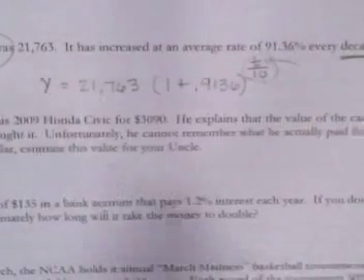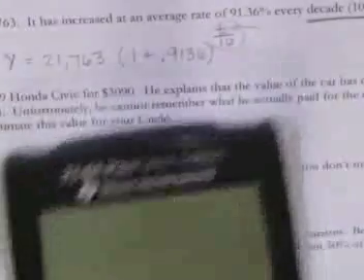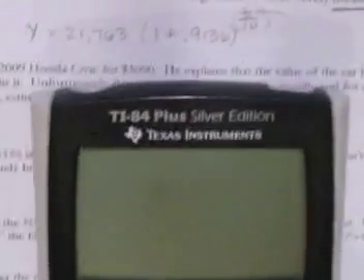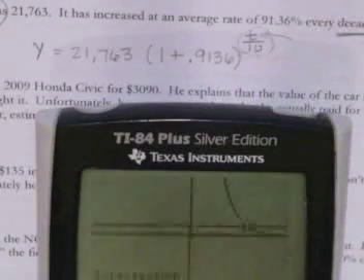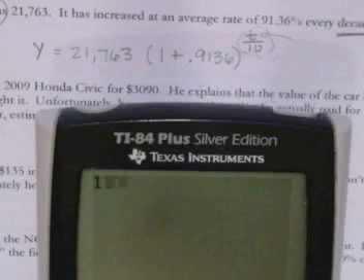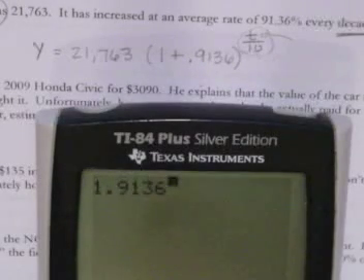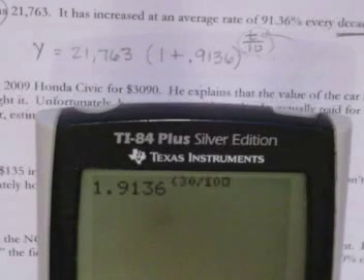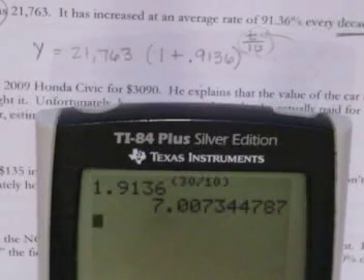So I'm going to do this in my calculator. I'd like you to be able to see both the formula and what I'm doing in my calculator. I'm going to take 1.9136 and raise it to the 30 divided by 10, or you could just put in 3, power.